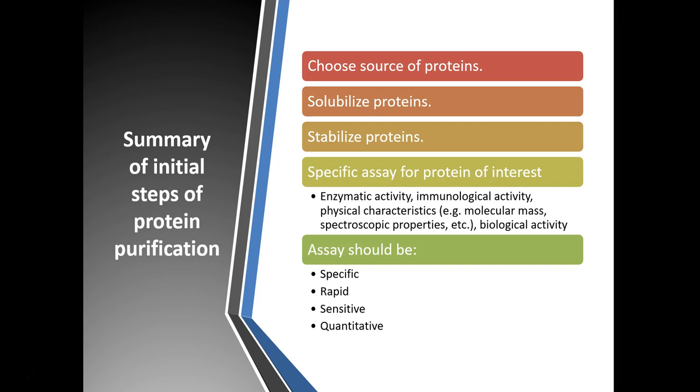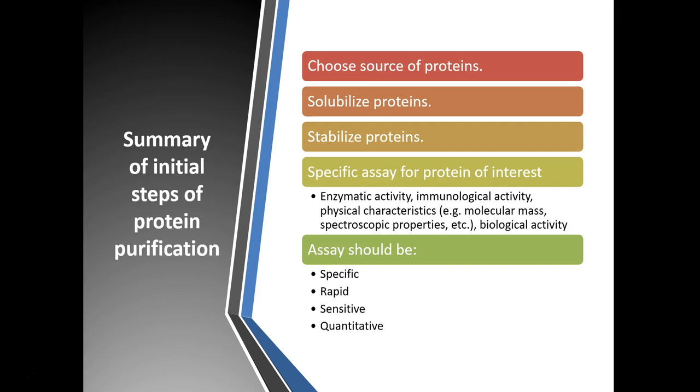If I'm looking at secreted proteins, then I want to think about biological fluids, maybe CSF, like cerebrospinal fluid, or the blood sample, or a urine sample, if it is inside the body, or in vivo. And in vitro, I would look at the media.